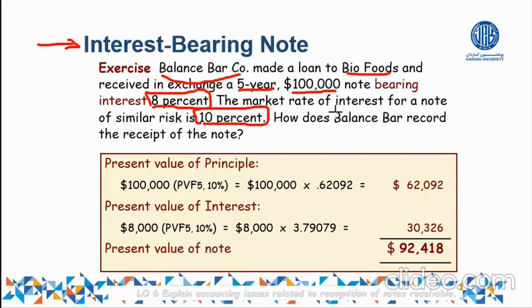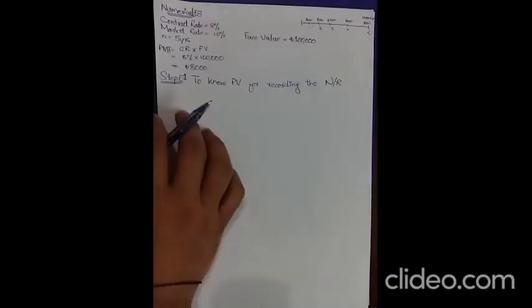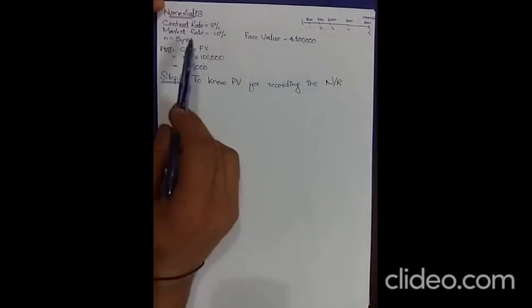Let's solve the numerical. The first step is already solved here, but we're going to do it in detail. Let's go to the solution part and do step 1, step 2, and step 3. I have already shifted some of the data.